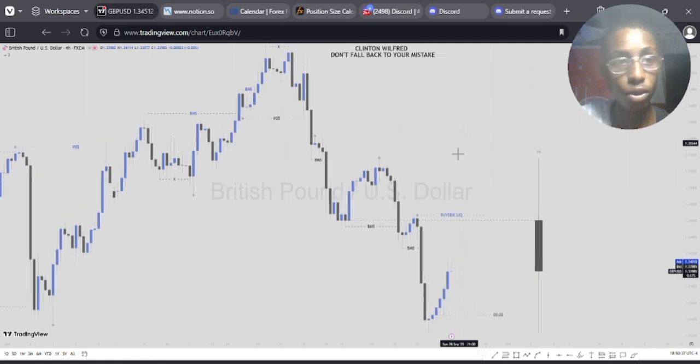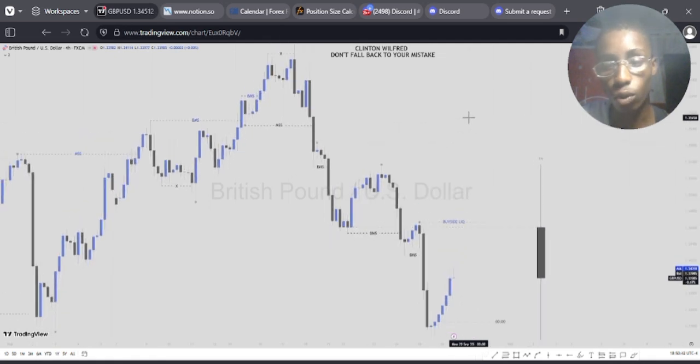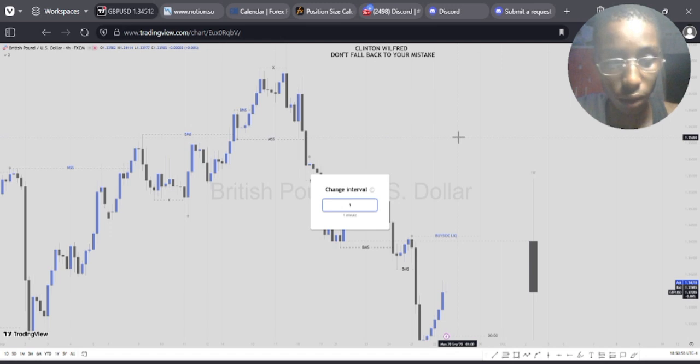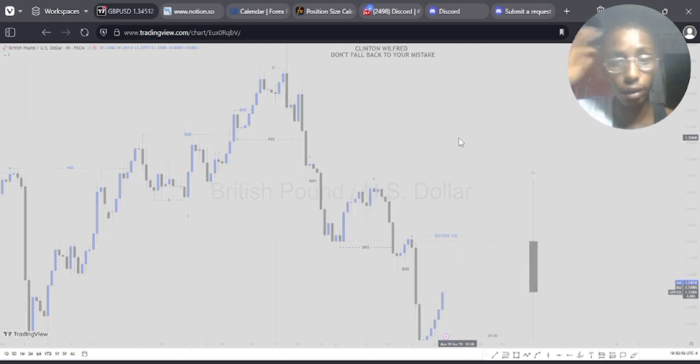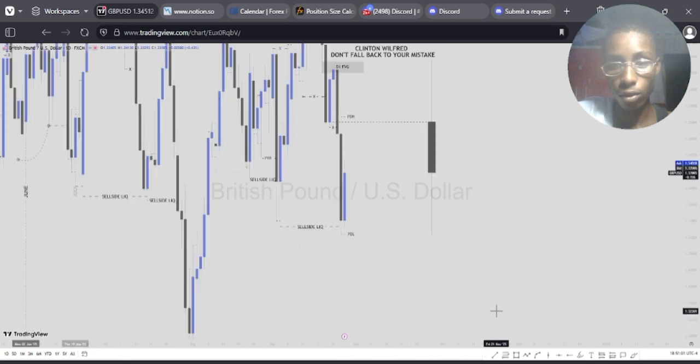So right here on GU, I'm on the GBP chart right now. We'll start off from the daily chart, because that's where we frame our trades before we go into lower time frames to take entries.